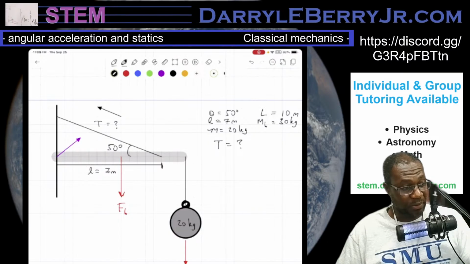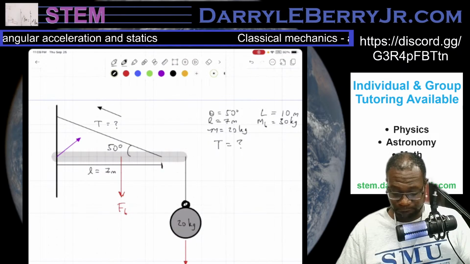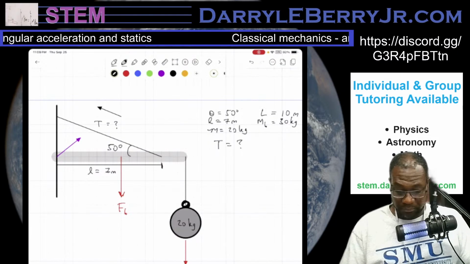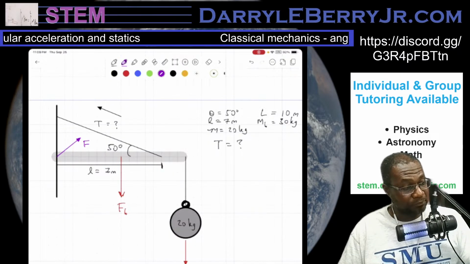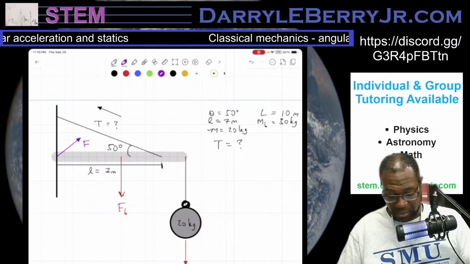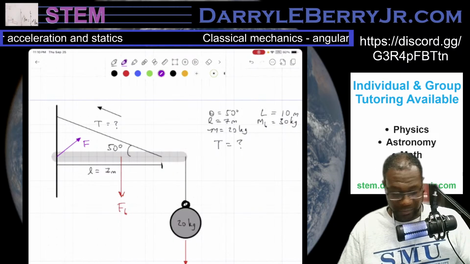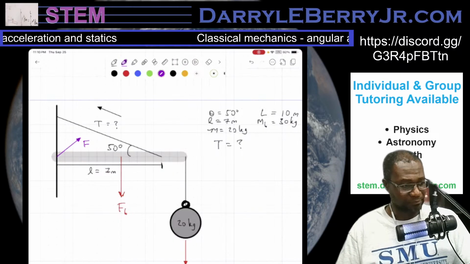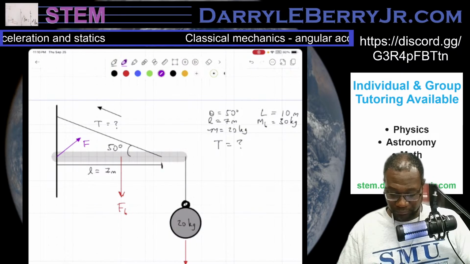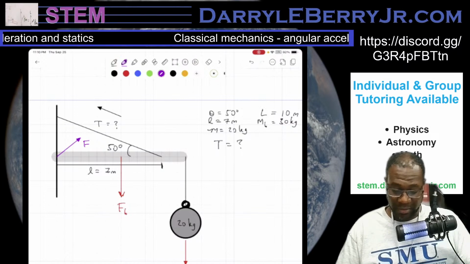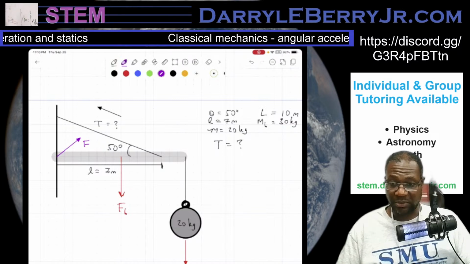So there's some tension going that way. And this is just F. We can call it FB, but I already called the weight of the beam FB, so we'll just call that F. So those should be all the forces: the wire, the wall, the beam, and the weight.